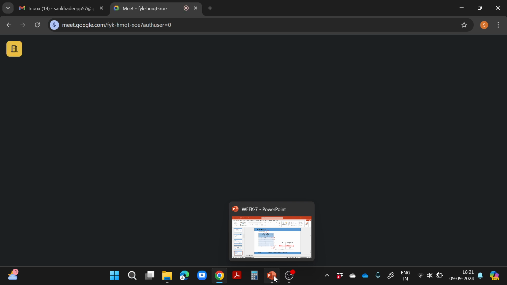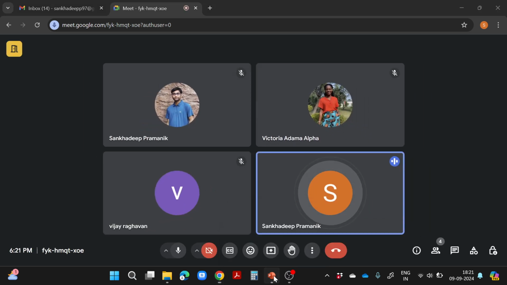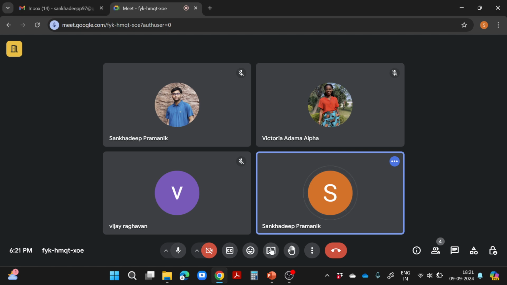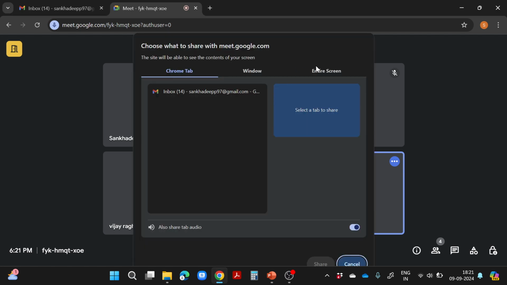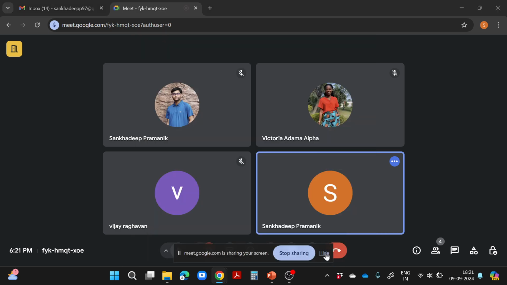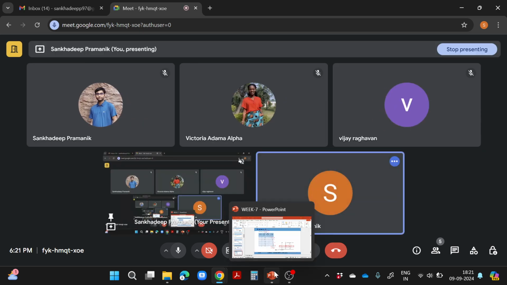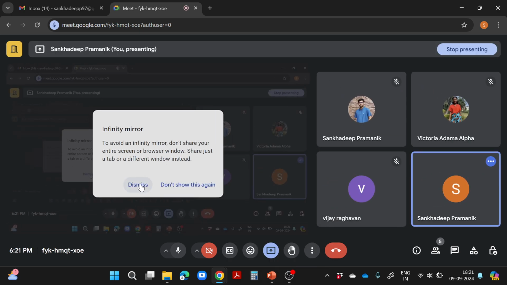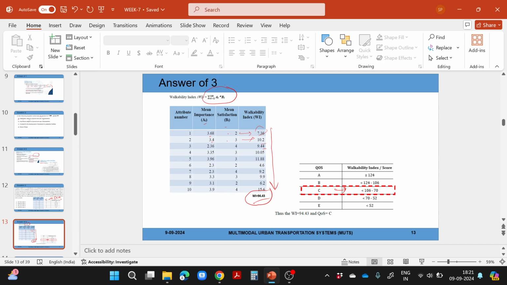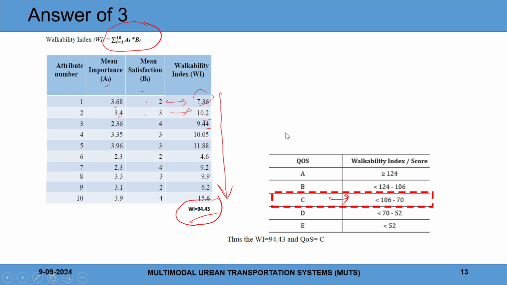Sorry, I guess again the screen was not visible. Now I guess the screen is visible.